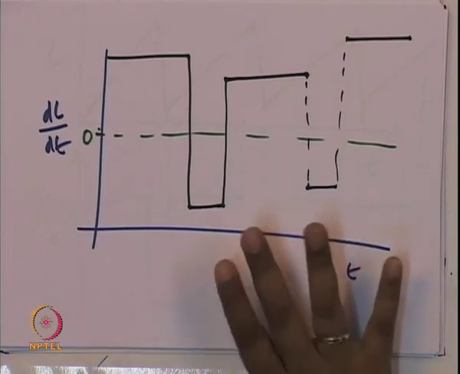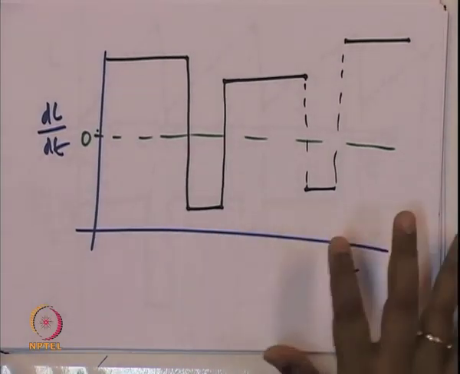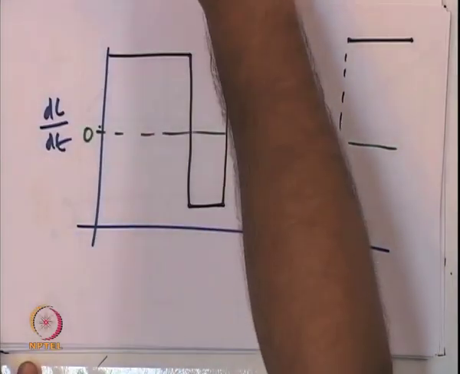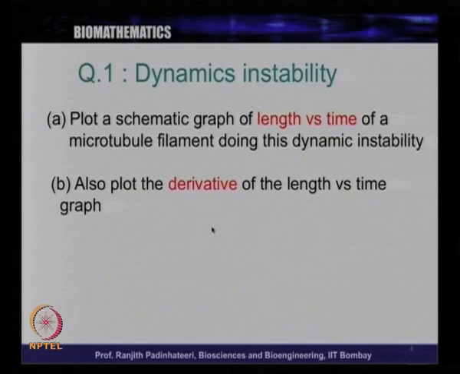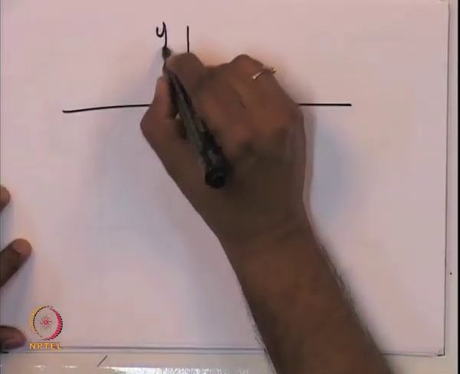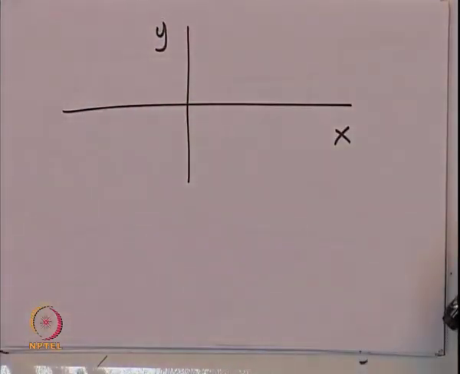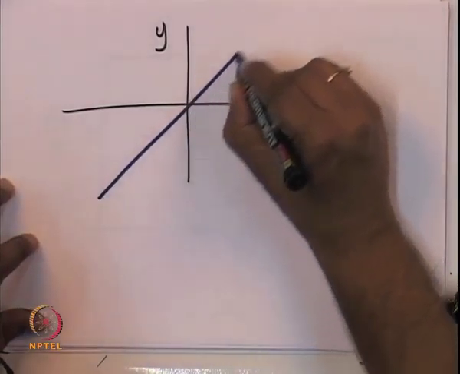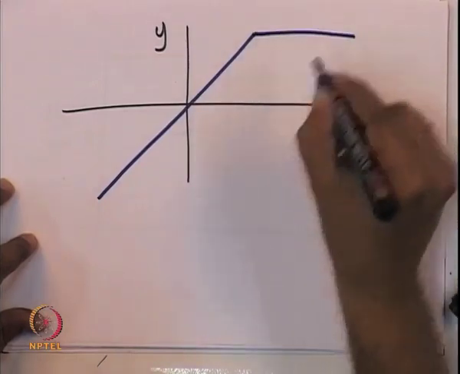Talking about drawing a function and its derivative, there is another interesting question you should know. For example, let's think of y and x, and let me draw a function in this particular way.